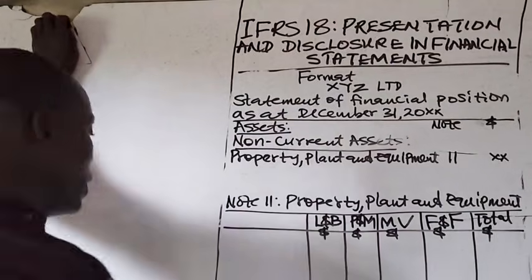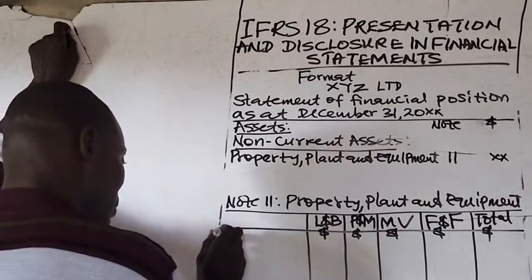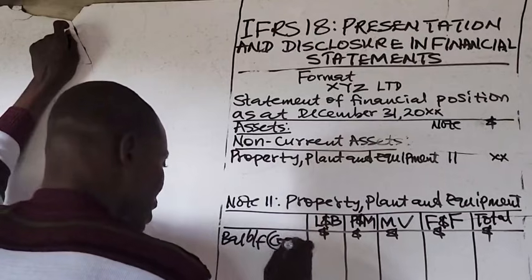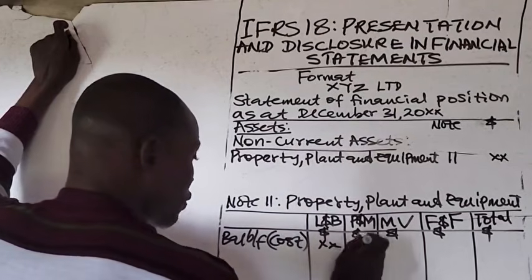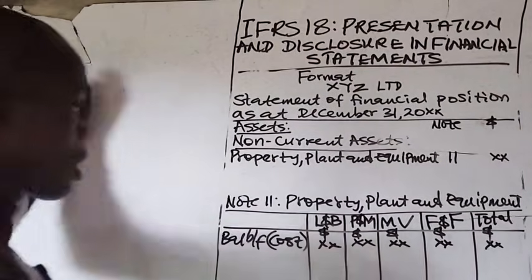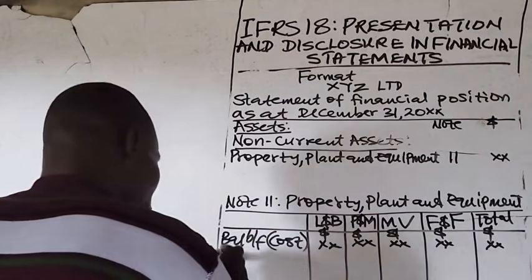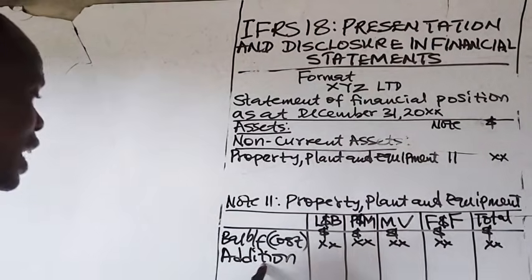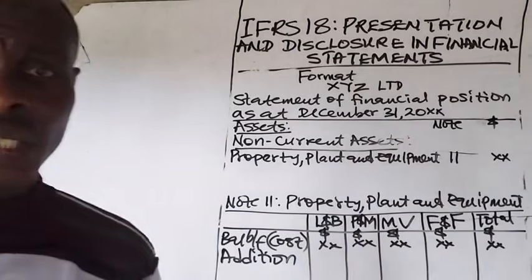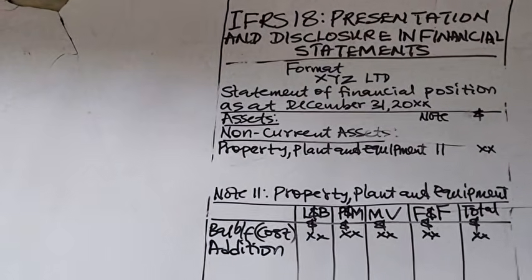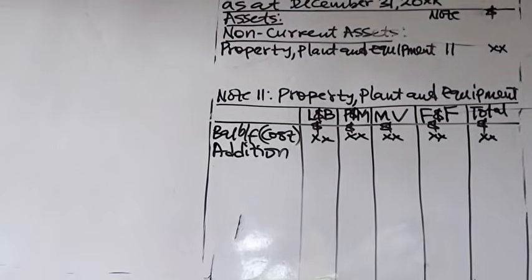So you may start with the opening balance brought forward, which will be at the cost of each of the assets. Then you have addition. You can only have this addition if there is an acquisition of property, plant, and equipment during the year.